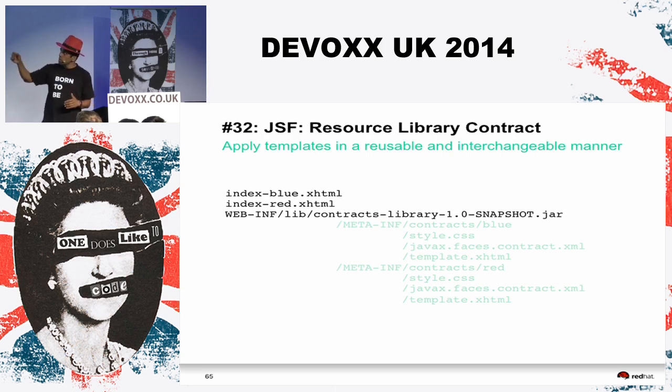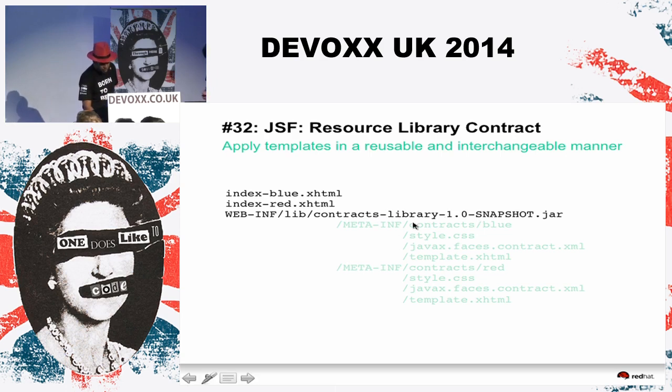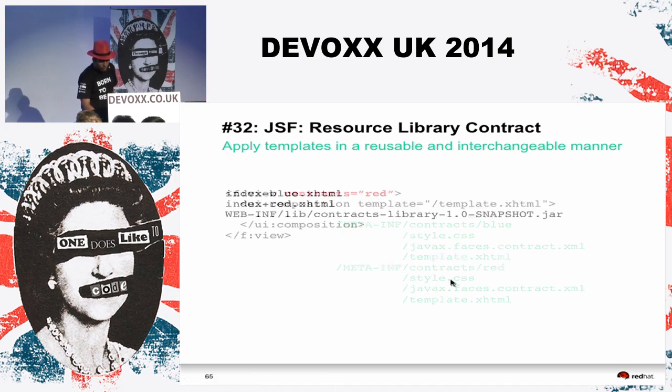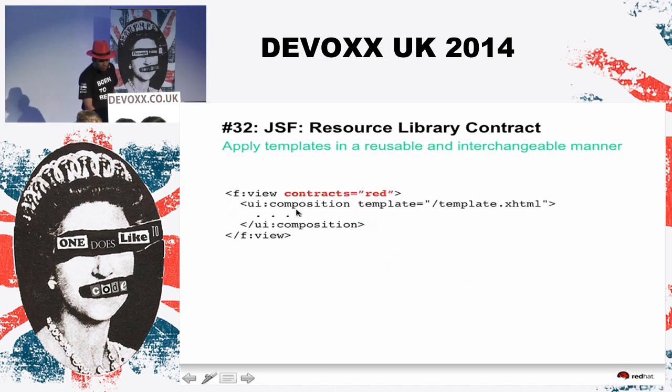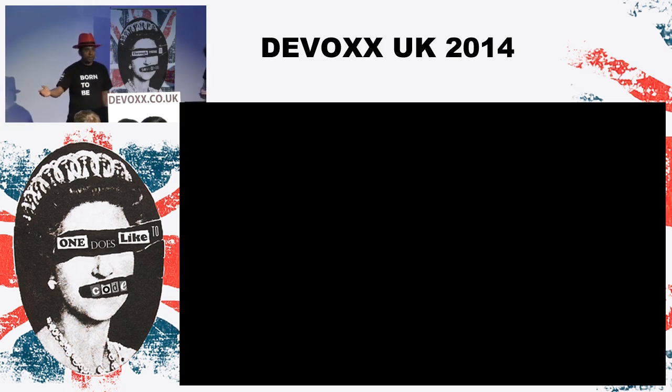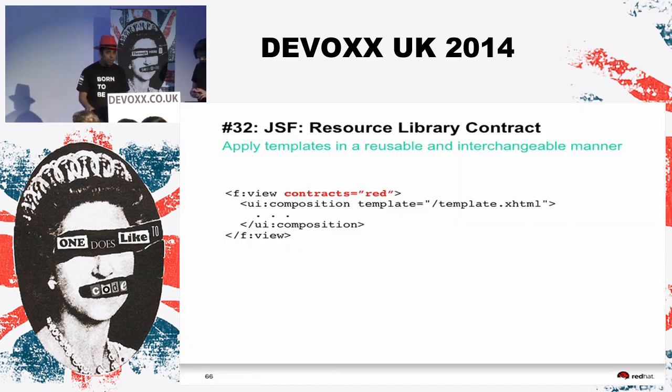So now what you can do is, here in my web.xml, for example, I'm just having a jar file here, and in the jar file, essentially, I've said, this is where all my contracts are going to look like. In my web pages, I can just refer to the contracts, and that will work for me. So the advantage of this is, this jar file could now be copied into your application server library, and all the WAR files can start referring to it.